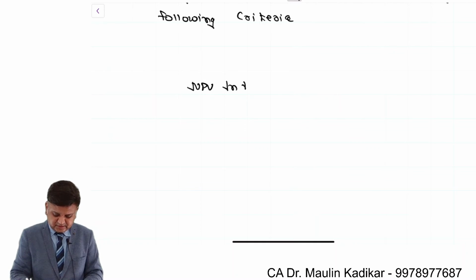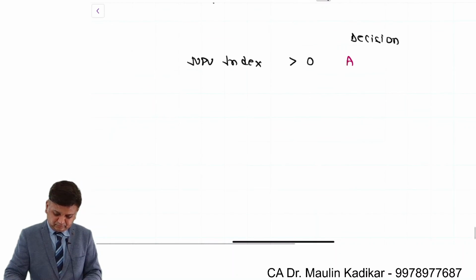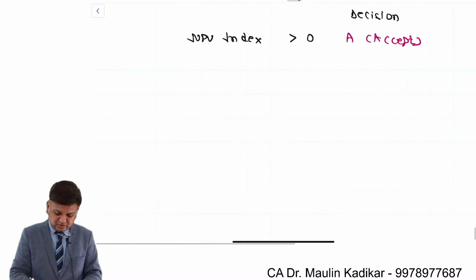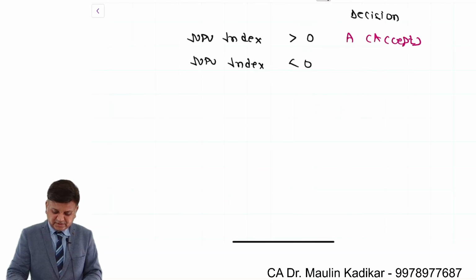If NPV index is greater than 0, the decision is accept. If NPV index is less than 0, then reject.